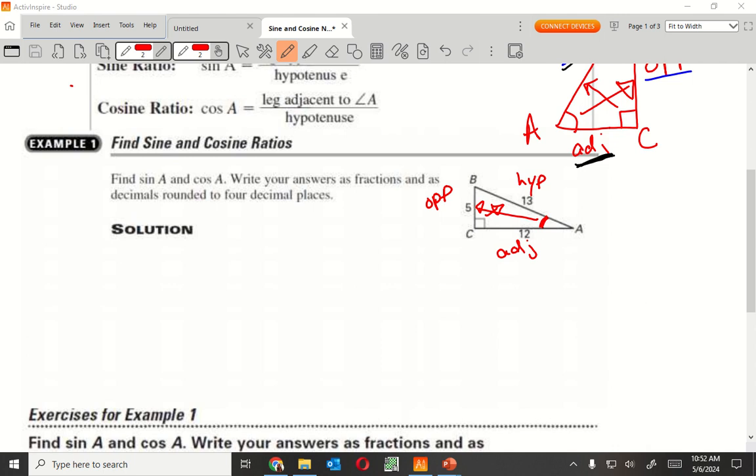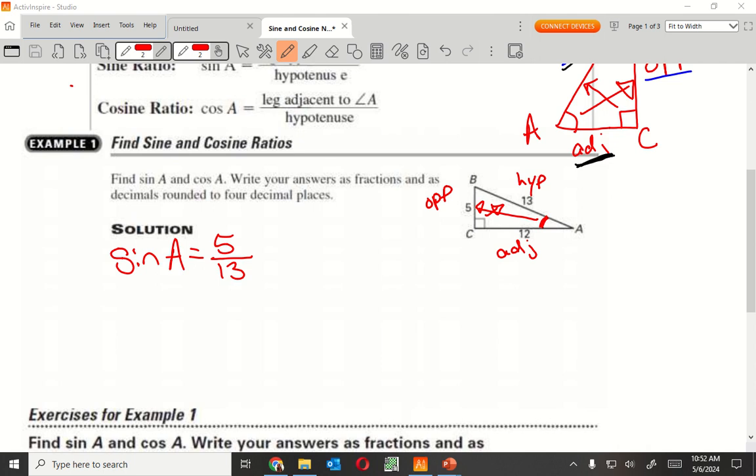So, sine of A. Sine of my reference angle A is opposite. What value do I have for opposite here? 5, divided by hypotenuse, which is? Give it as fractions and as decimals rounded to 4 decimal places. So, this is what you're going to do: 5 divided by 13.